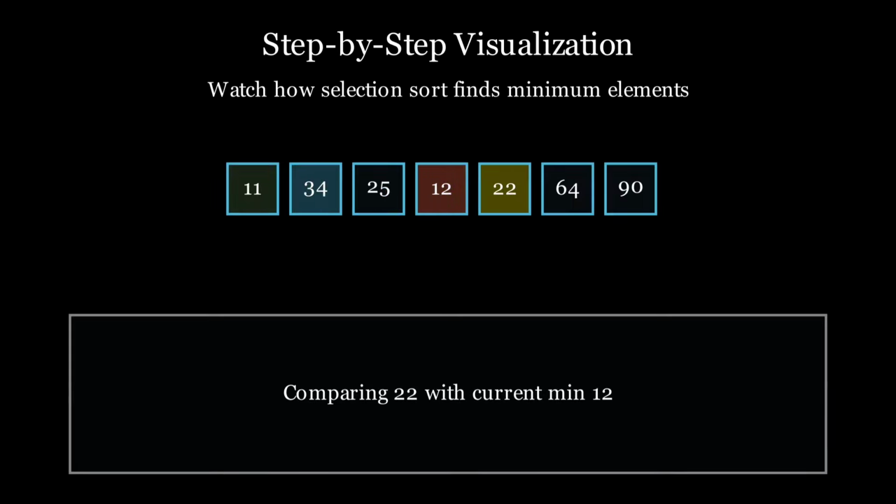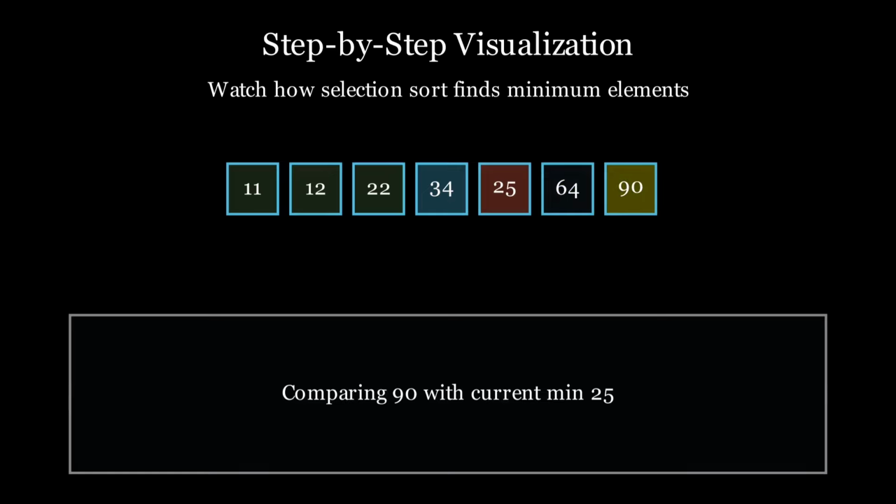Similarly, in the second pass, assuming 34 as the minimum, it finds 12 at the third position index and swaps 34 and 12. And in the third pass, starting at index 2, assuming 25 is the minimum, it finds 22 at index 4, updating the min index and swapping 25 and 22.